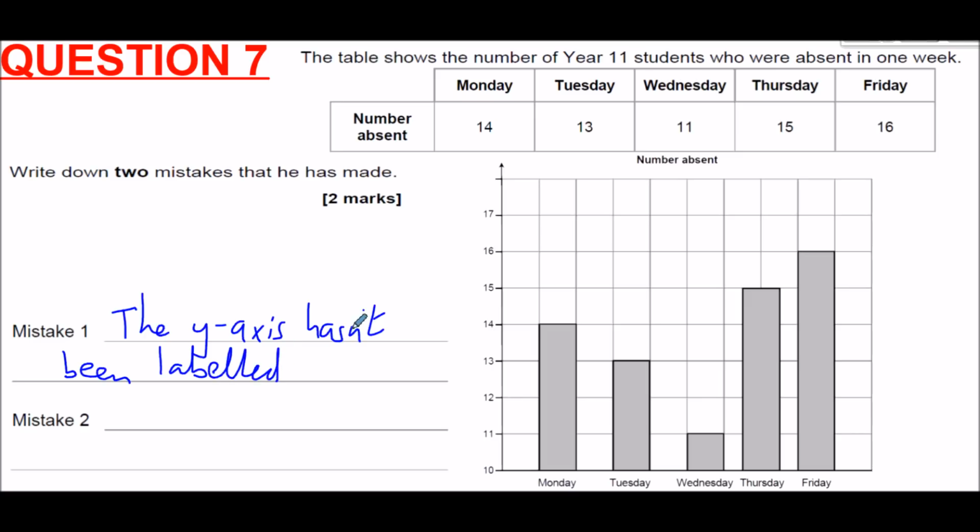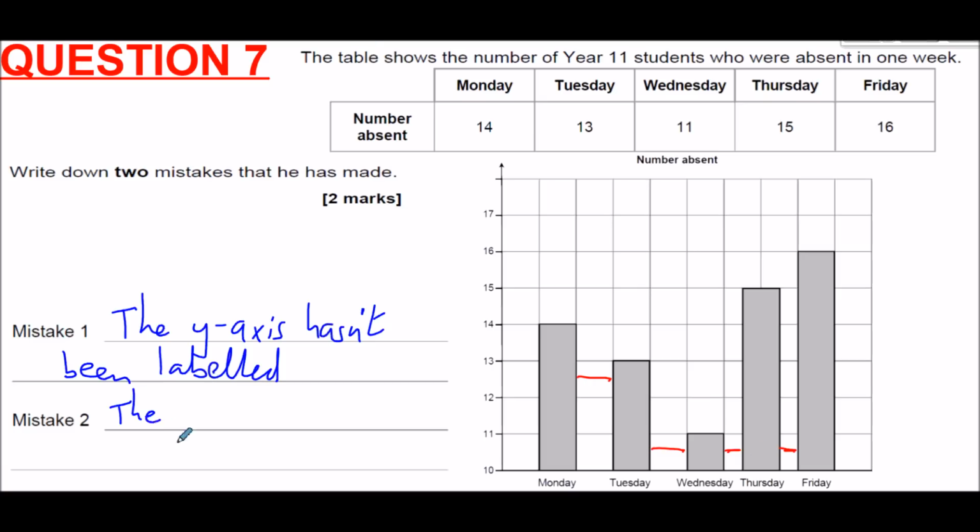And the second mistake, with a bar chart, the gaps between the bars need to be all the same. In this case, they're not. If you have a look between the first and second bar, that's a gap of a square, which is fine. That too is a gap of a square. But these here are only half a square gaps. And so the gaps between each bar aren't the same, and they need to be for a bar chart to be drawn correctly.